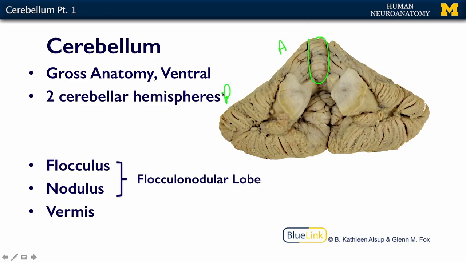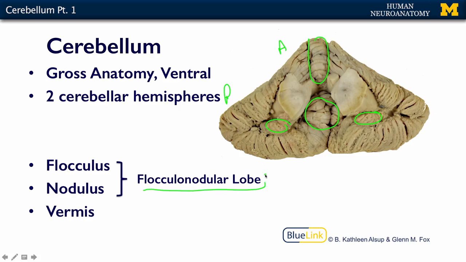And if we remove the brainstem, what we can see are some midline structures. We see the flocculus, which is over here and over here. And we see the nodulus here. These three structures are combined into what we call the flocculonodular lobe.